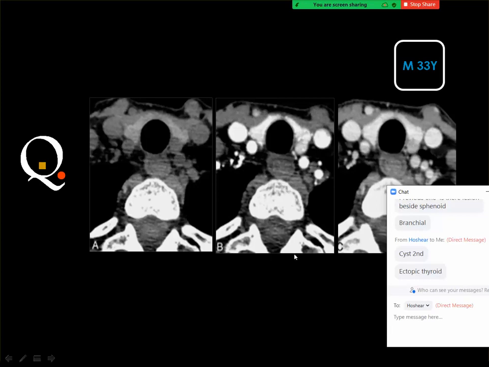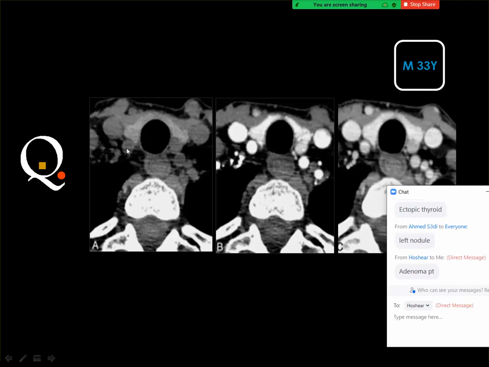But if you look carefully posterior to the left lobe of the thyroid, you see this nodule which shows some enhancement in the arterial phase and washout in the venous phase, and this is of course a parathyroid adenoma.